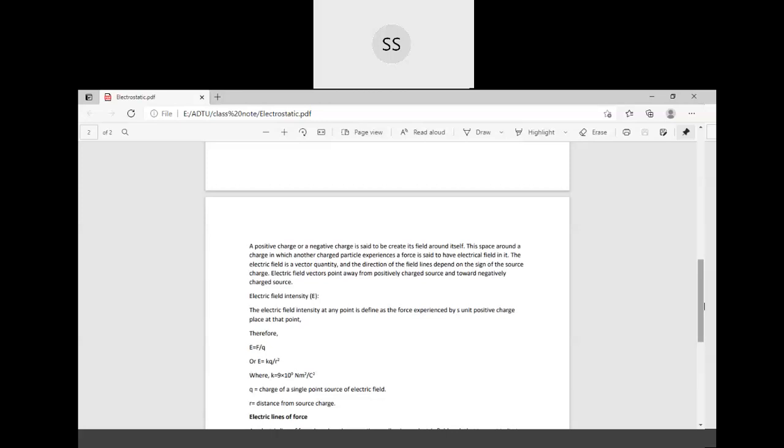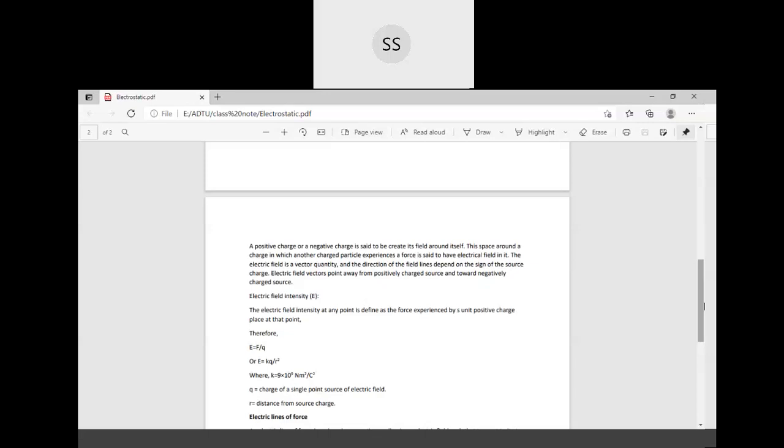First of all, let us take a charge capital Q as a source charge. We will calculate the electric field of that charge. Now we take a unit positive charge. Unit means 1. The magnitude of the positive charge is 1.